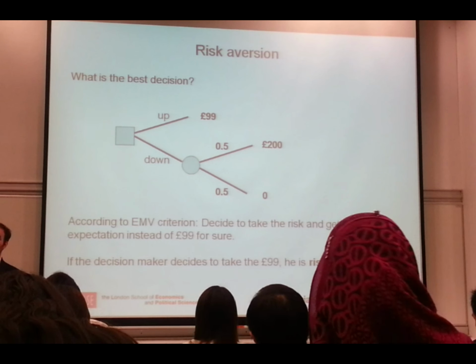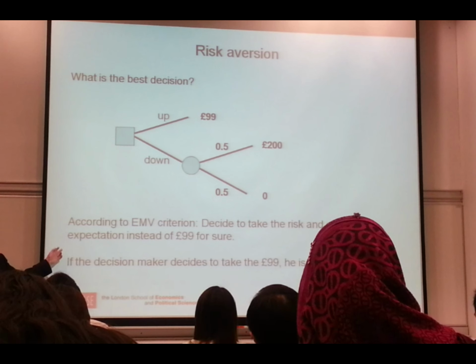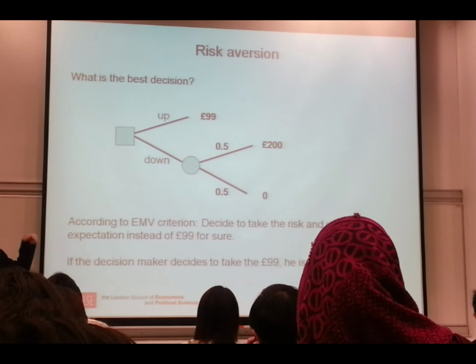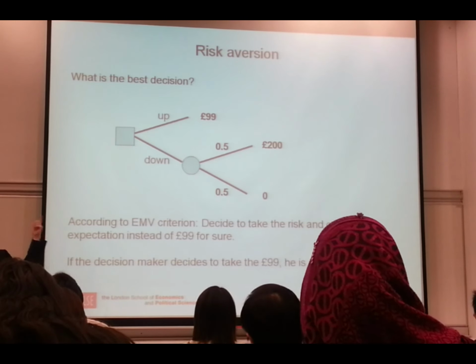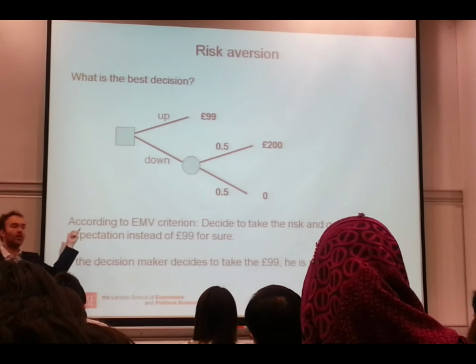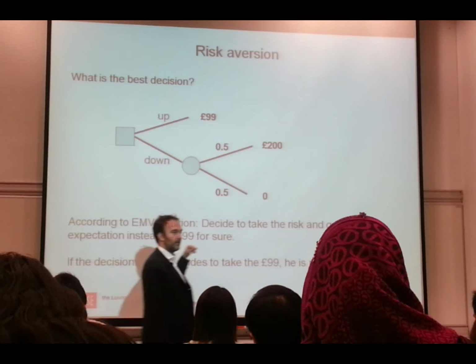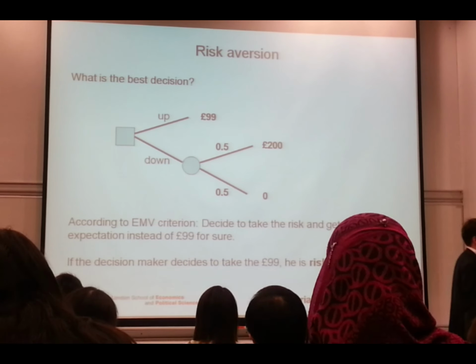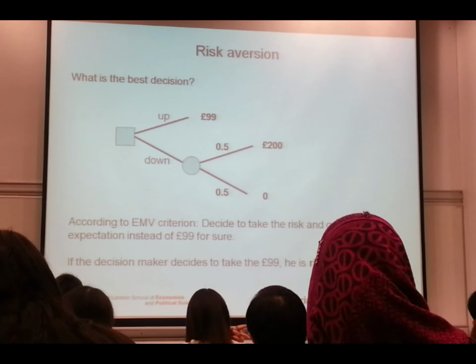You would take the less uncertain one. And here, 2/3 of you are actually happy to take something that has a lower payoff, but more certain. So here, getting 99 pounds for sure is better than getting 100 pounds in expectation.